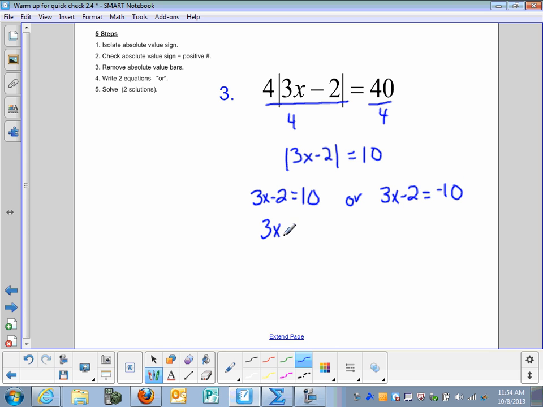And now step 5 is to solve. So x equals negative 8/3, or it equals 4.